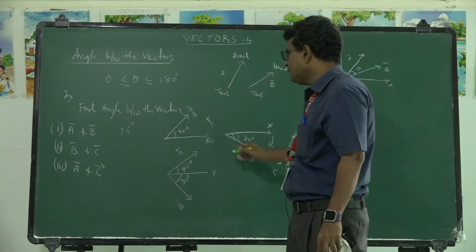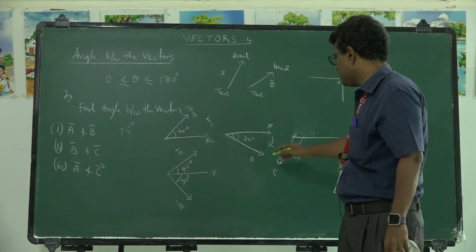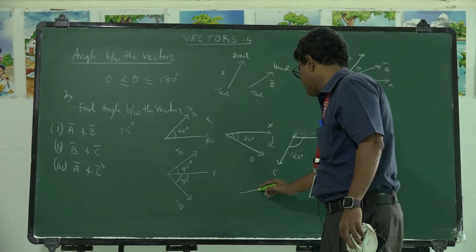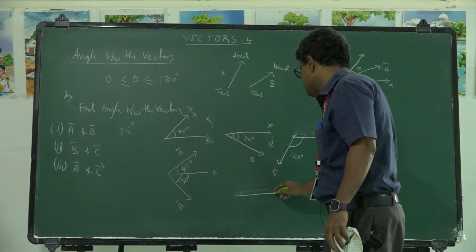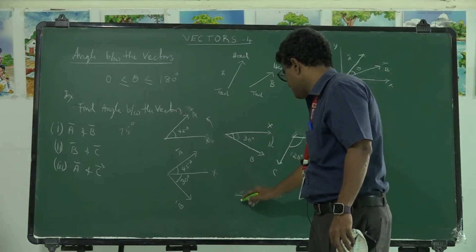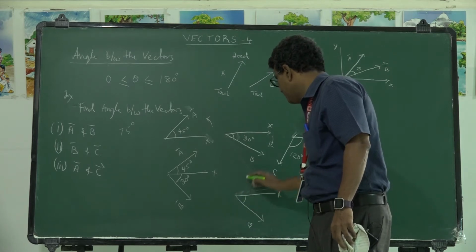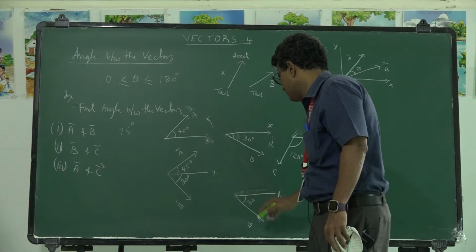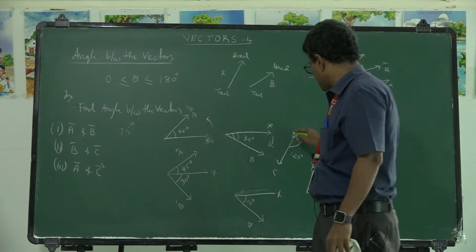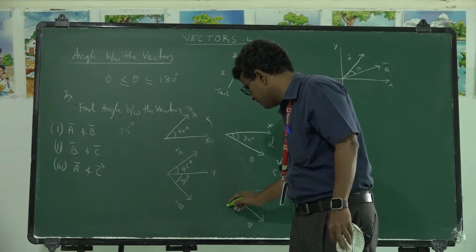Now, I want the angle between B bar and C bar. You draw similarly. This is our reference x-axis. First, I take the reference x-axis. The first vector I draw is B bar, which makes an angle of 30 degrees with the x-axis. Now, the C vector is at 120 degrees with the x-axis, so it is drawn like this.